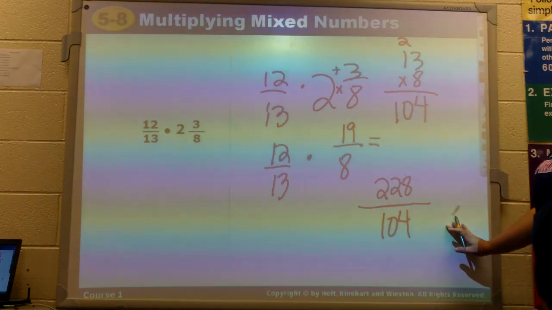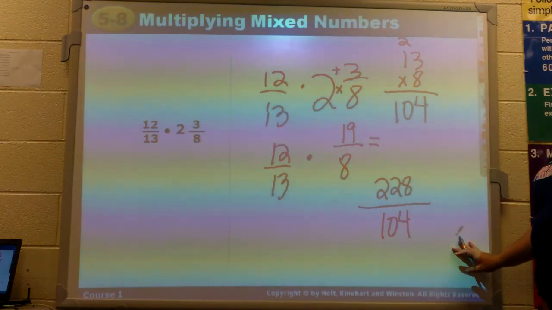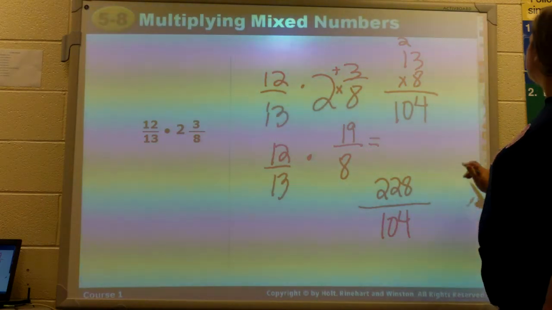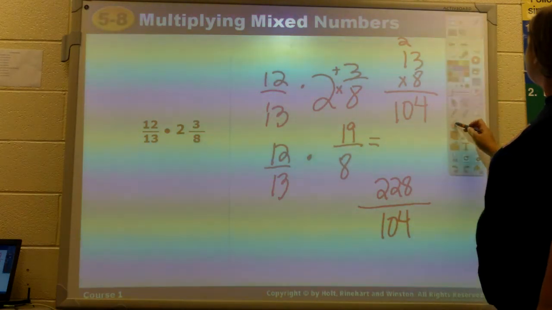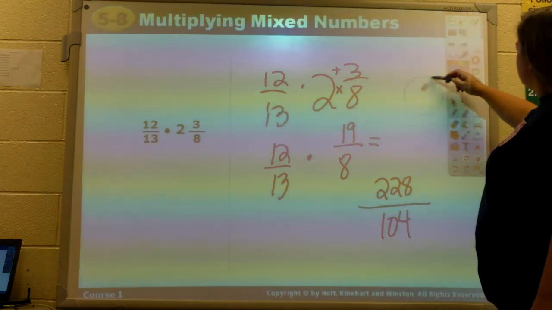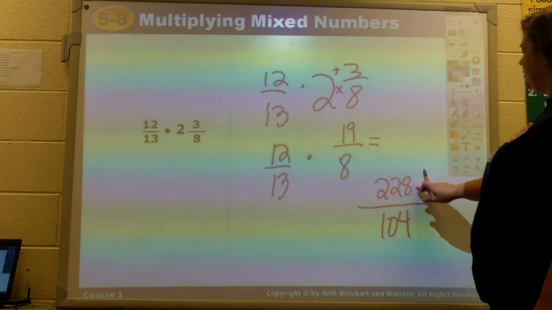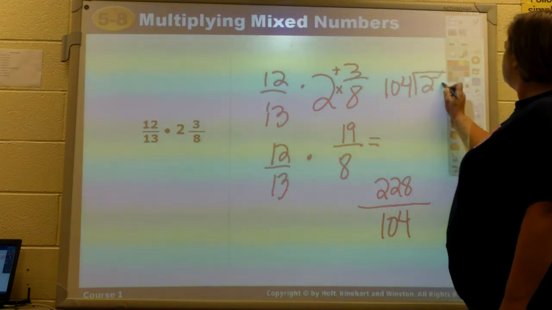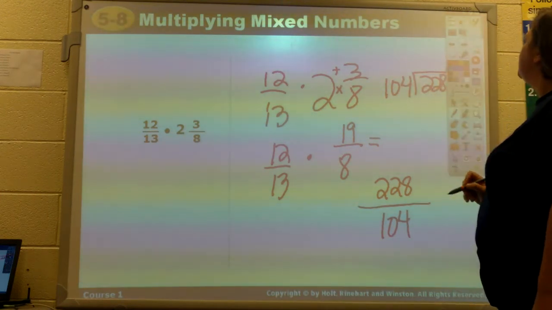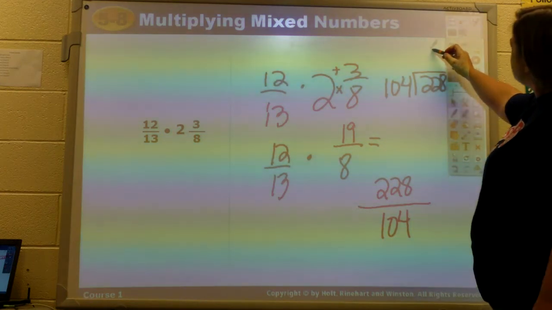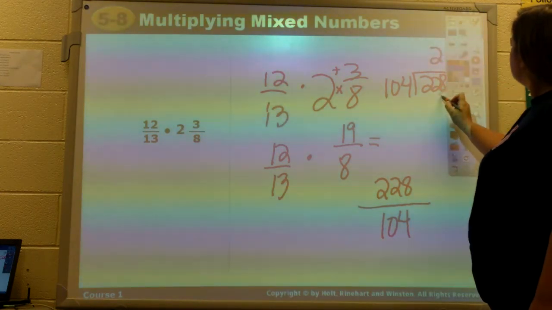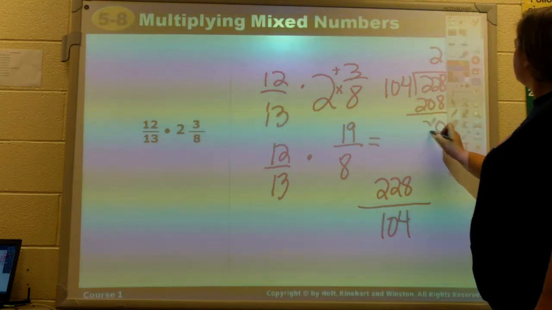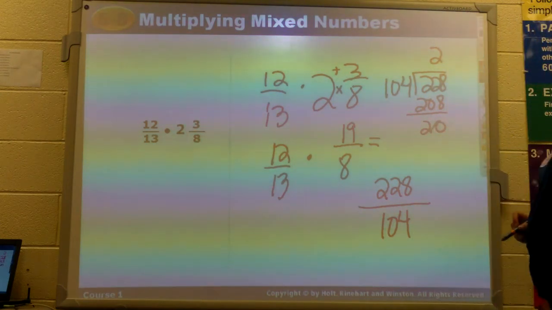Now I have my answer, 228 over 104, which is an improper fraction, so I need to change it back into a mixed number. So I'm going to divide 104 into 228. 104 would go 2 times, with 20 left over.